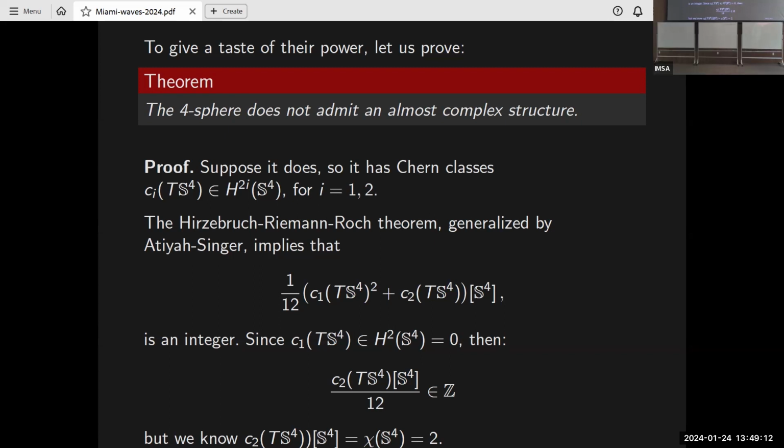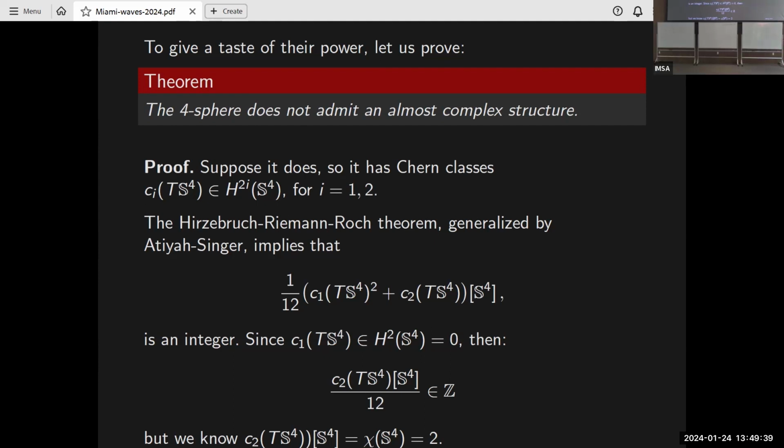A powerful theorem of Hirzebruch for complex surfaces, extended by Atiyah for almost complex manifolds, tells you that this is the index of the D-bar operator, the holomorphic Euler characteristic. So we are reducing a topological problem. The theorem tells me that if this is an almost complex structure, this number divided by 12 is an integer.